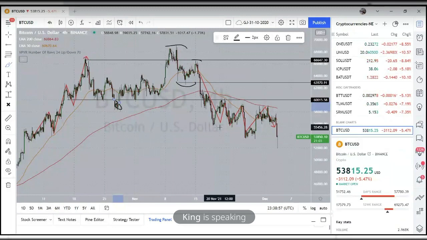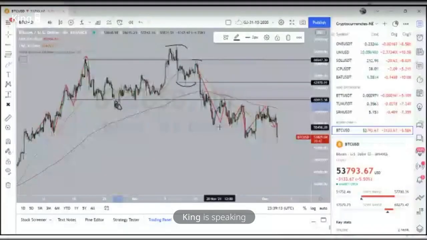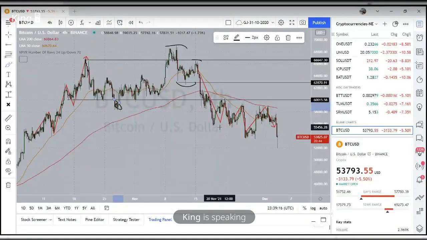And then from here, depending on how I was feeling, my largest risk amount for a futures trade is usually 5%, because I know 20x at 5% is 100% of the margin. So I would look for 5%, a little bit above these highs, and then sell that.